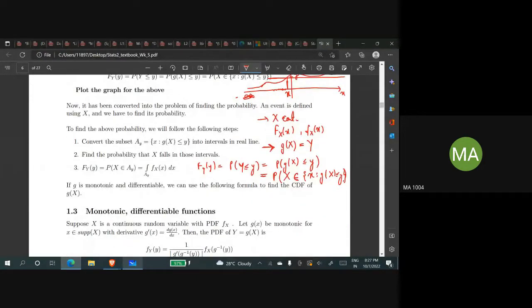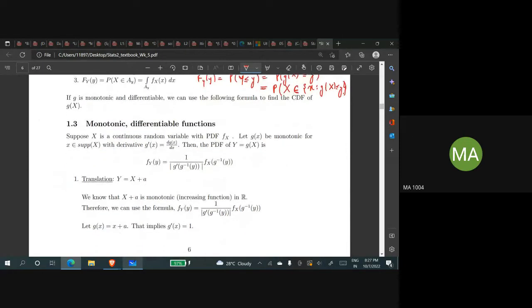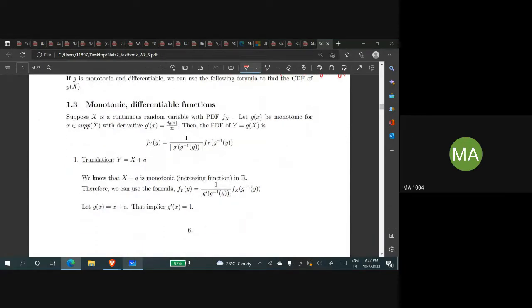Not for all the examples, but if you have very complicated functions, then this becomes a little easier. What the monotonic differentiable function result says is, let's say you have a continuous random variable x whose PDF is f of x. Now you have a function of the random variable, g of x.